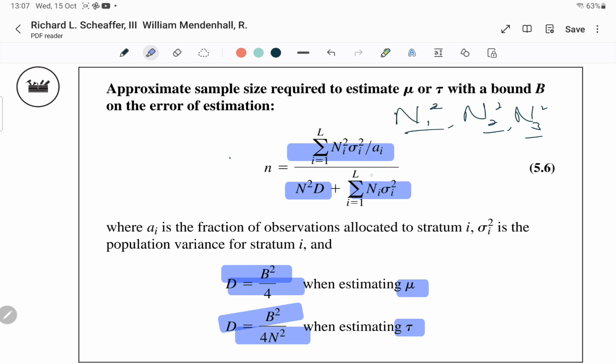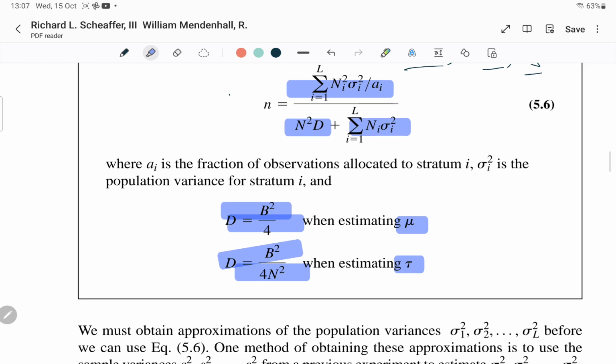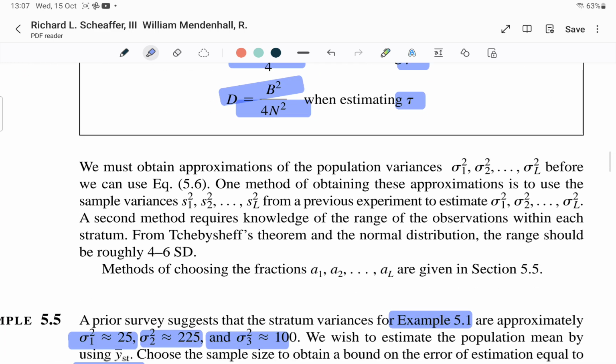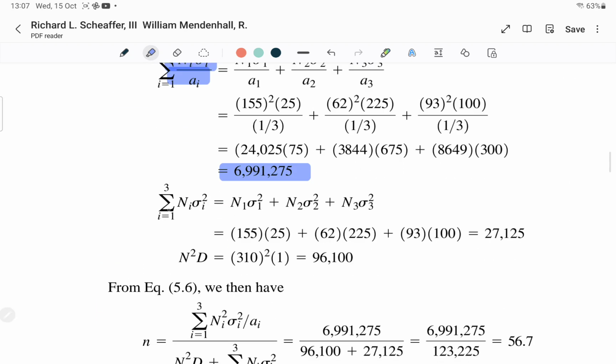This term will be expanded, let me show you. Now in the denominator, this term will also be expanded in three parts, because we have three strata: N1 sigma 1 square, N2 sigma 2 square plus N3 sigma 3 square.